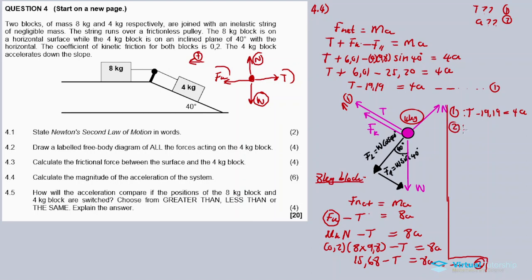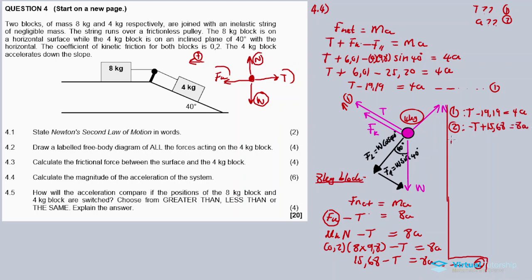Equation 2: I will take the T and align it with the T from equation 1, so it will be minus T plus 15.68 is equal to 8a, right?